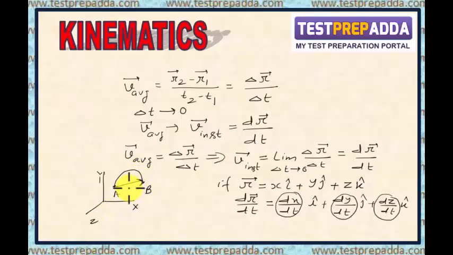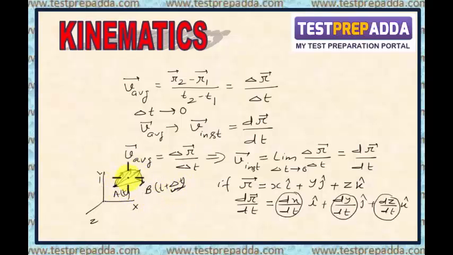Now, since to get instantaneous velocity vector, we have to take the time interval very, very small, if we go on reducing the time interval like this, let us say consider this as time t here, and here t plus delta t, so we have to reduce this time interval delta t.